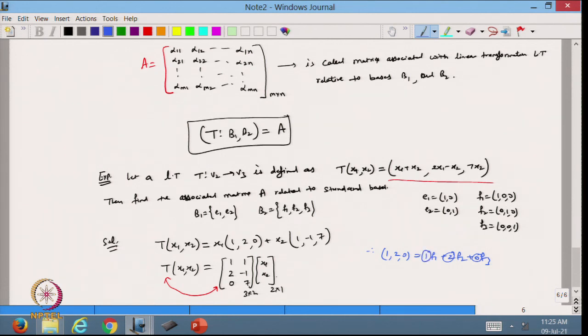It is 1 2 0. Similarly, the second element is 1 minus 1 7.